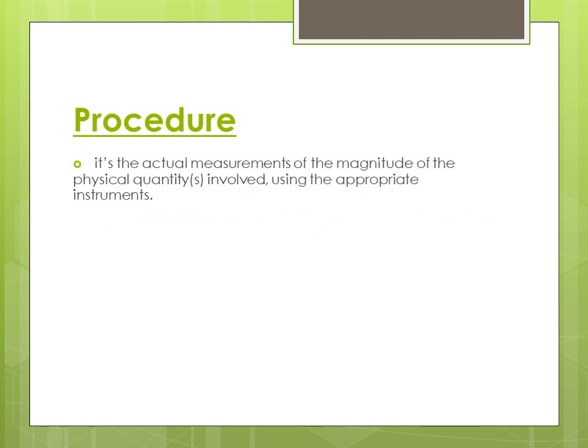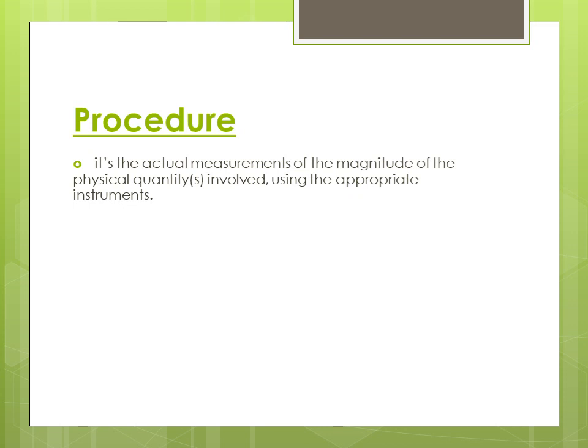The procedure is also very important. It is the actual measurement of the magnitude of the physical quantities involved using the appropriate instrument. In this stage, we are measuring. For example, we want to determine the speed of sound in air. We already know that for speed to be determined by direct measurement, we need to measure distance, we need to measure time.